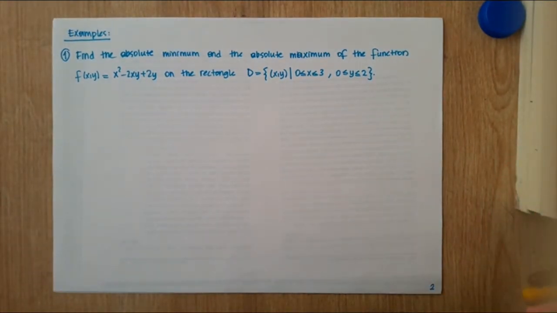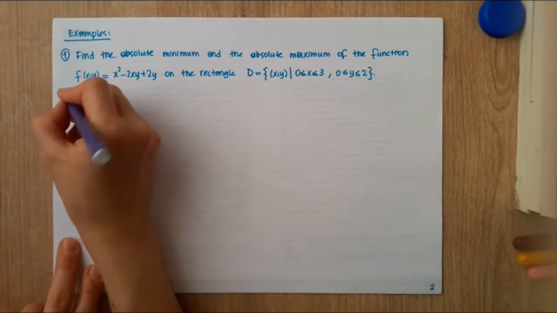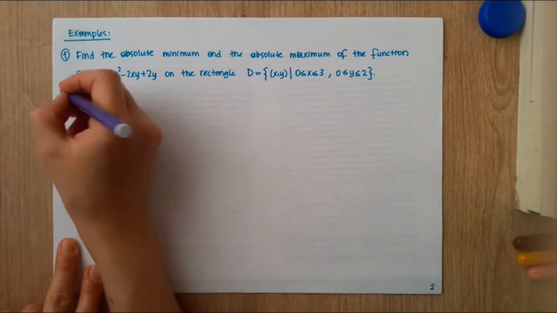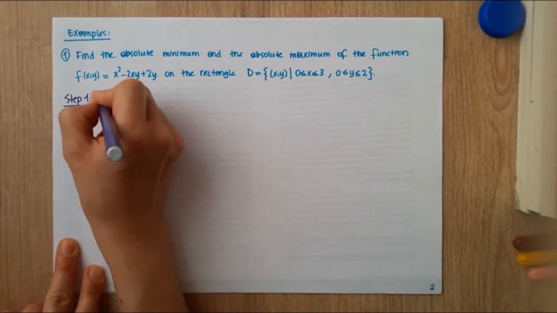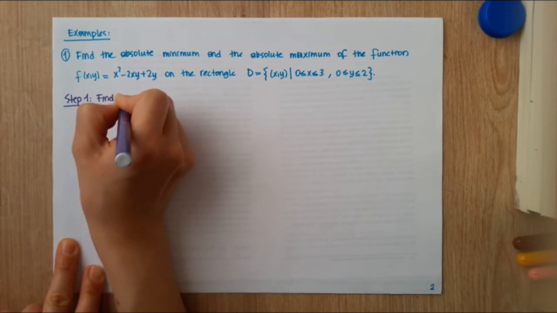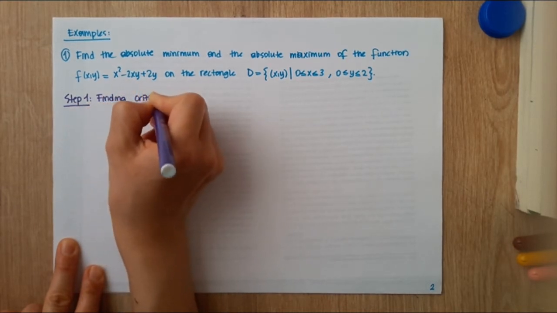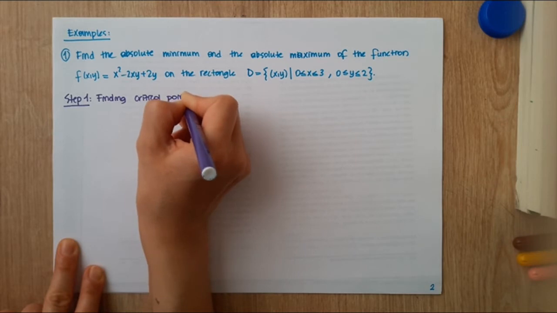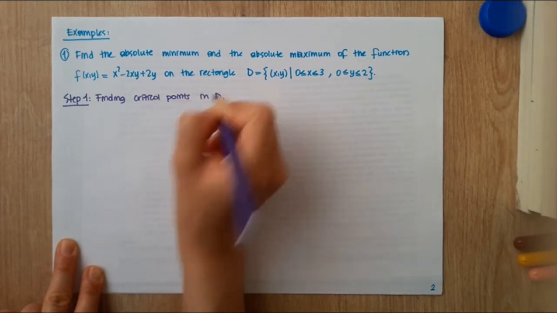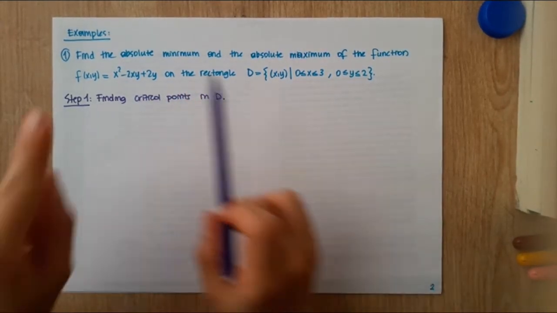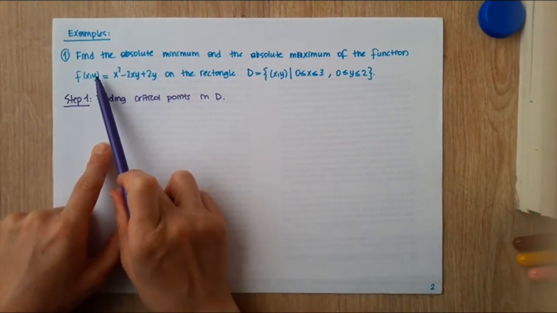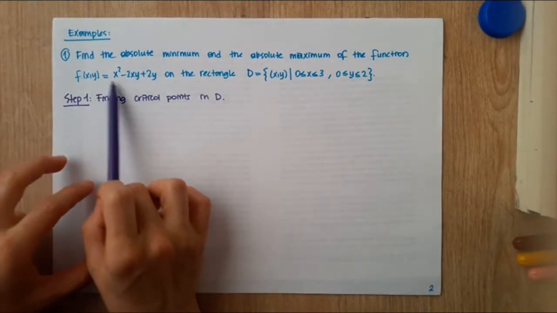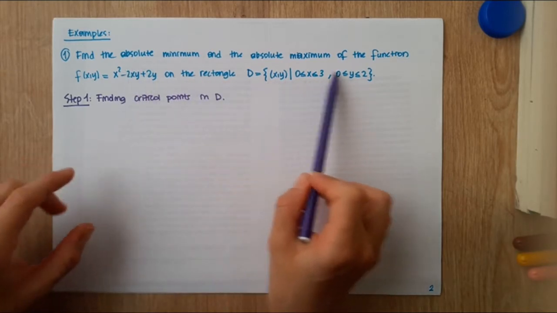Again, step 1 is finding the critical points. Okay, step 1. In the given region, we want to find the absolute max and absolute minimum of the function. First of all, we should talk about this function. And we have a rectangular region here.